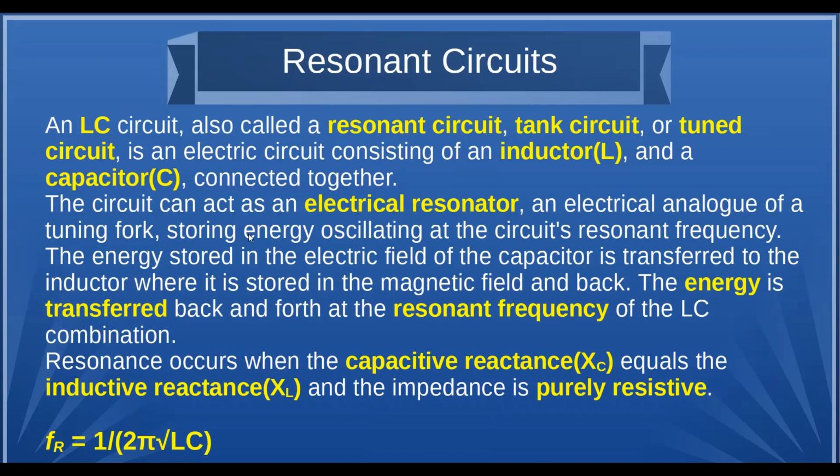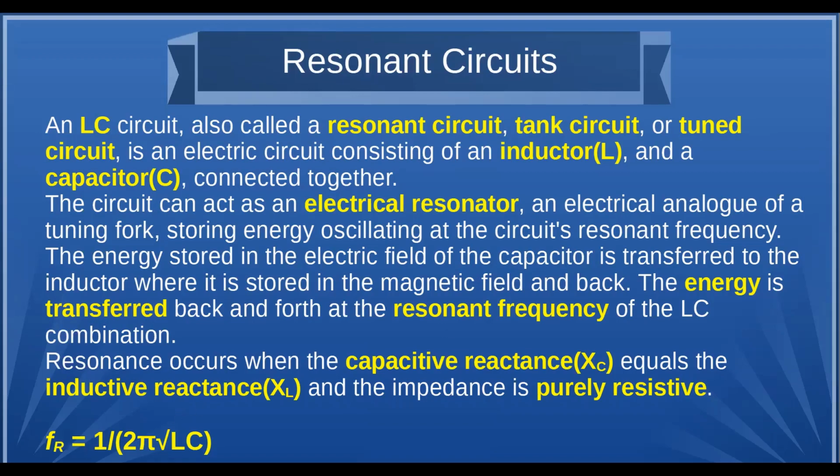So if you do R plus jX sub L minus jX sub C, and if X sub C and X sub L are equal, then impedance is equal to resistance. They cancel out. And that's the frequency where it will be resonant.